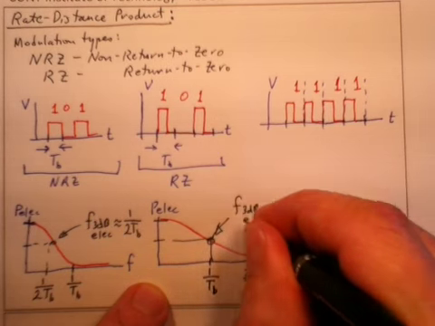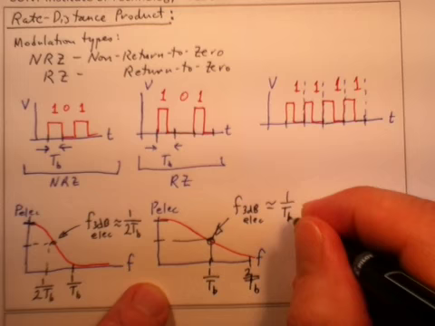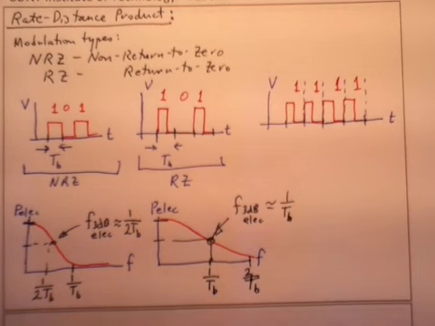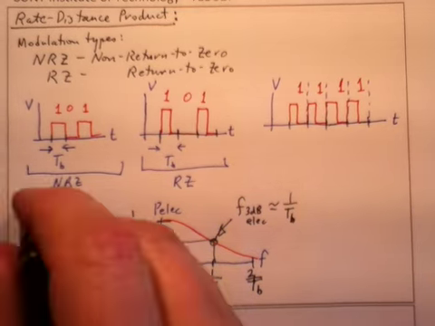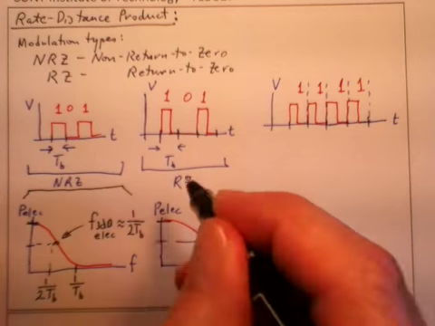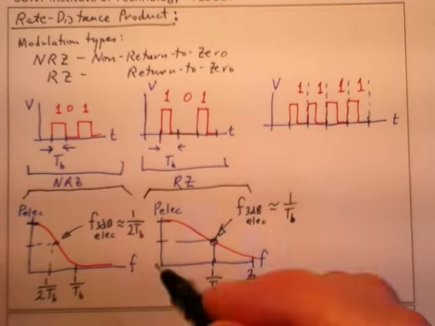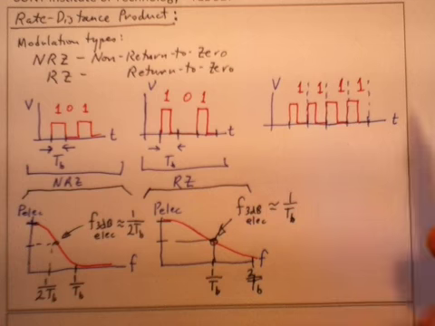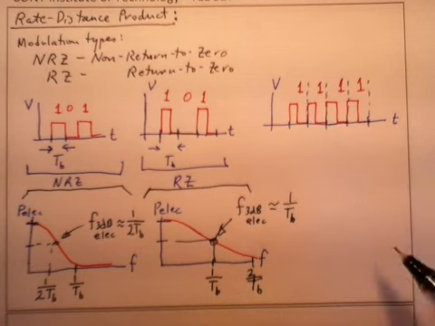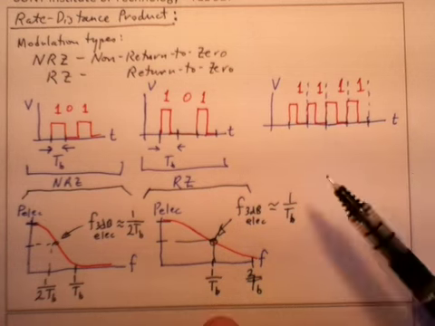It's about equal to 1 over the bit period. Okay, so the RZ signal has a wider bandwidth because of the faster modulation, the maximum modulation that can happen.